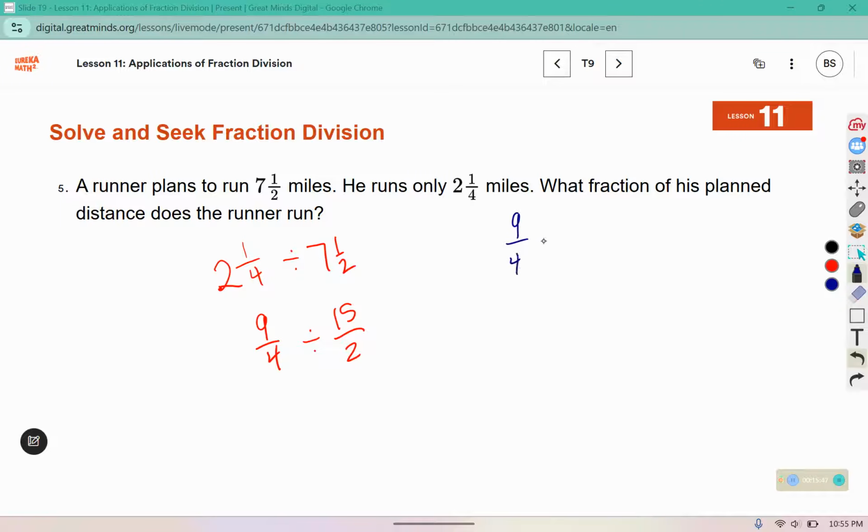Leave, change, change. 2 and 4 are both multiples of 2. 9 and 15 are both multiples of 3. 3 times 3 is 9, and 3 times 5 is 15. 3 times 1 is 3. 2 times 5 is 10. So he ran 3/10 of his original plan.